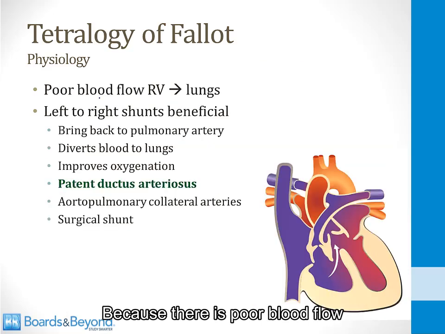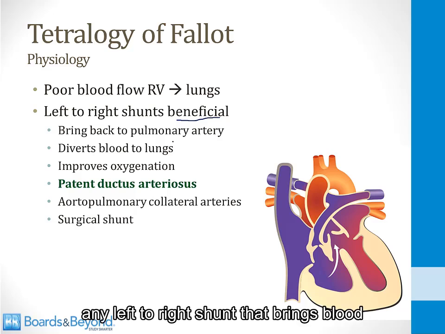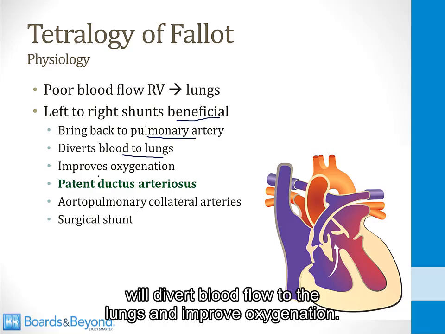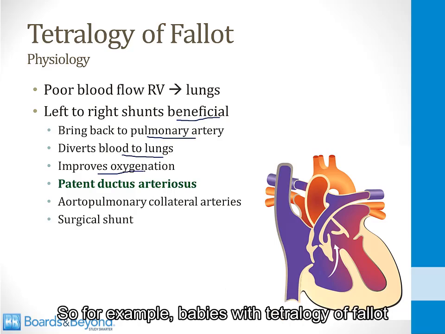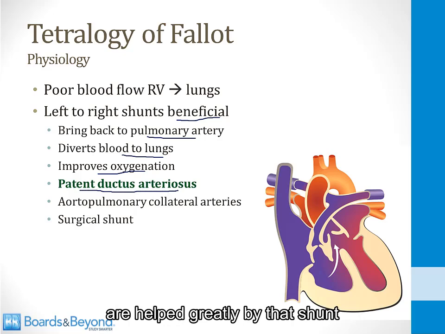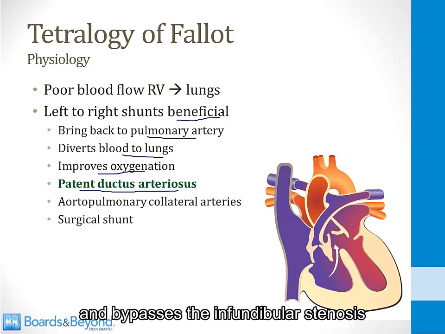Because there is poor blood flow from the right ventricle to the lungs, some left-to-right shunts are beneficial. Any left-to-right shunt that brings blood back to the pulmonary artery will divert blood flow to the lungs and improve oxygenation. So, for example, babies with tetralogy of Fallot who have a patent ductus arteriosus are helped greatly by that shunt because it delivers blood flow to the lungs and bypasses the infundibular stenosis.